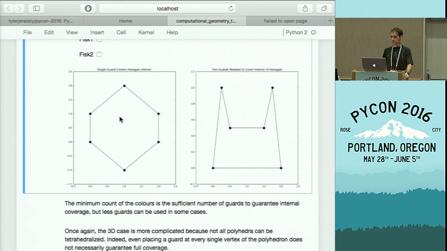And already you can probably guess that a single guard would be sufficient there. You put 1 guard in the center, for example. You put 1 guard anywhere inside of that polygon and they'll be able to see the whole thing. But in this other case, I think you can probably guess that if you try to put a guard, for example, down here, they won't have line of sight to the top left, or same for the other side.